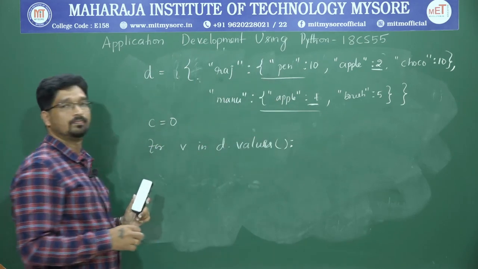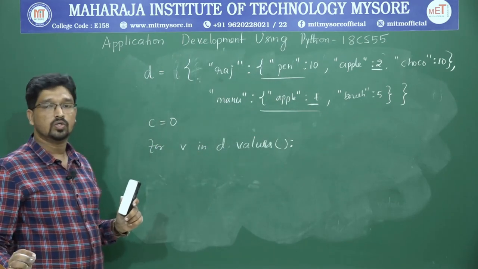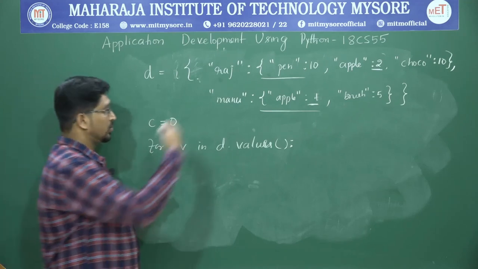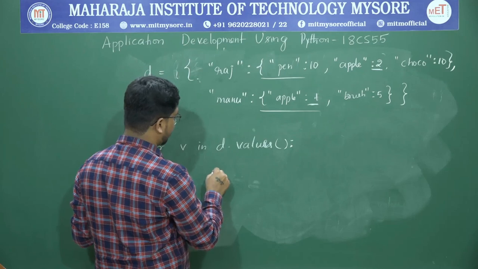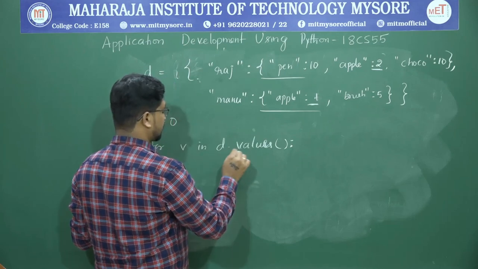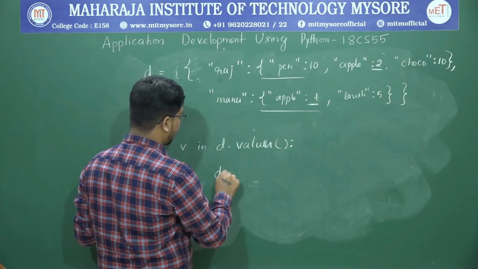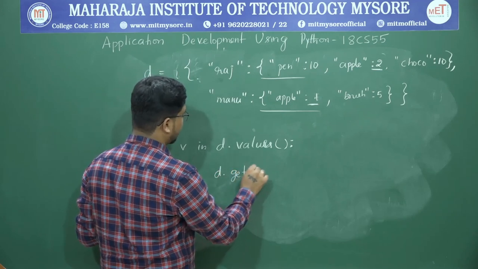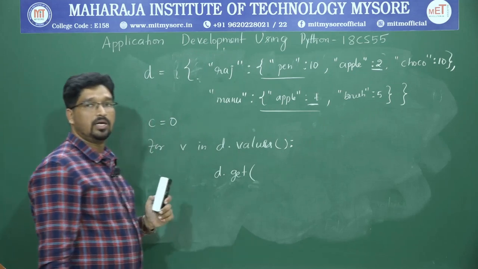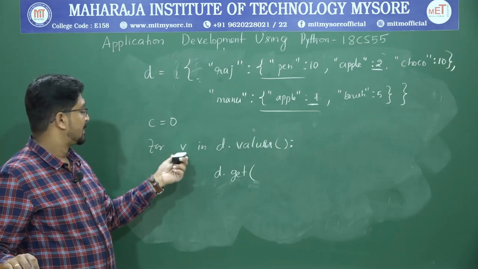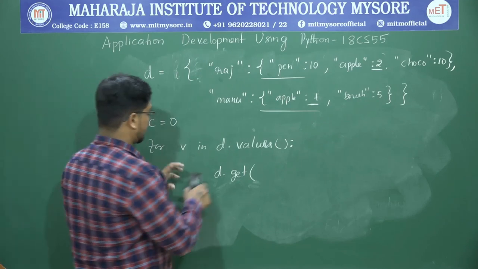Then what you should do? You should get the value of apple, right? For that, what you will do? Not D dot get.